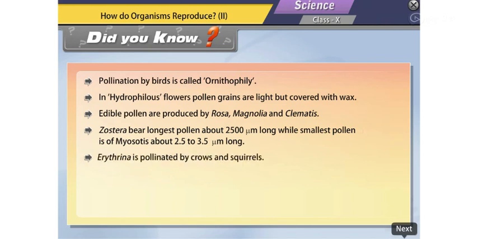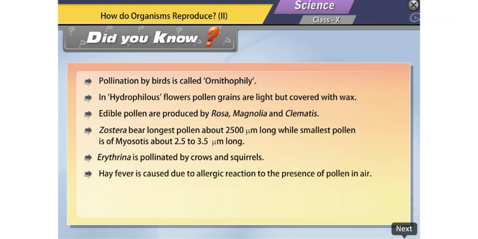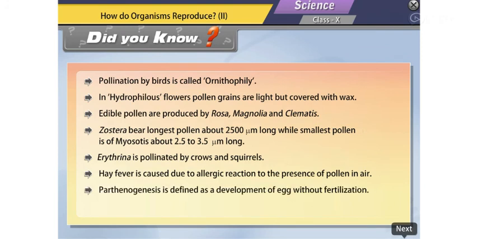Erythrina is pollinated by crows and squirrels. Hay fever is caused due to an allergic reaction to the presence of pollen in air. Parthenogenesis is defined as the development of an egg without fertilization. The process of fruit formation without fertilization is called parthenocarpy.